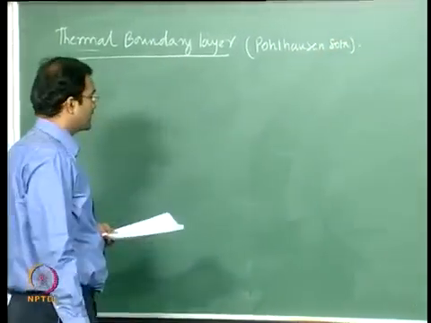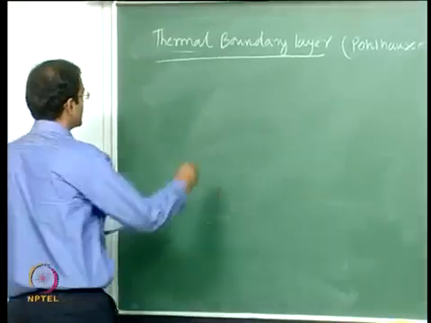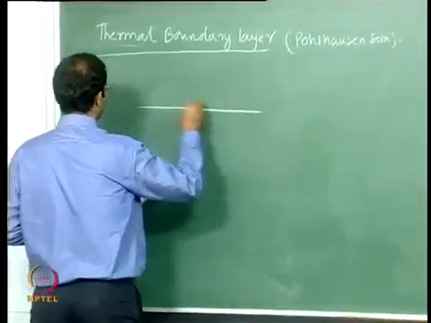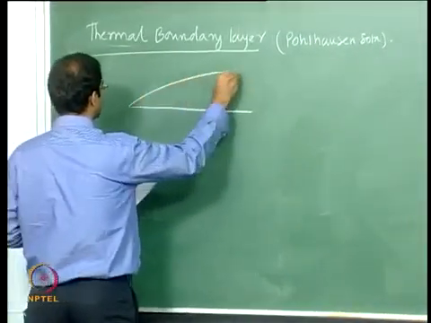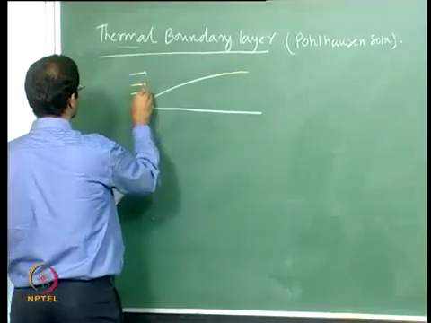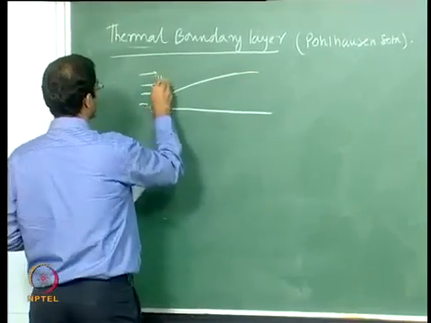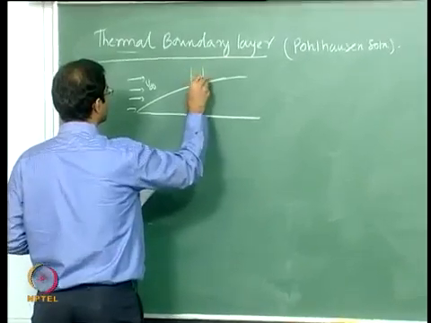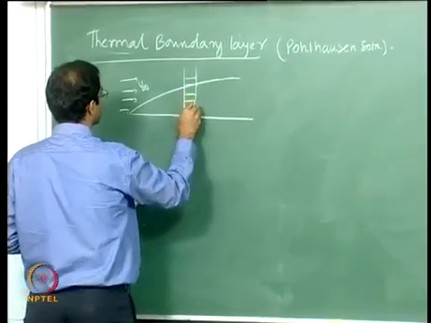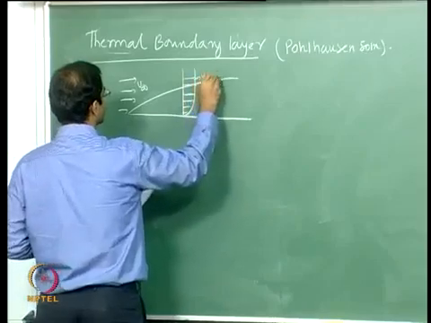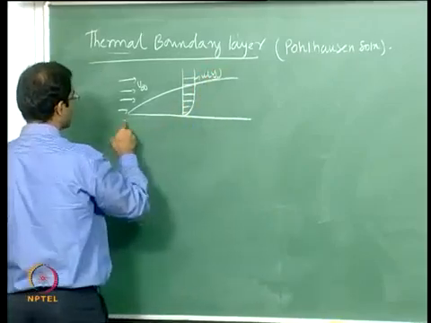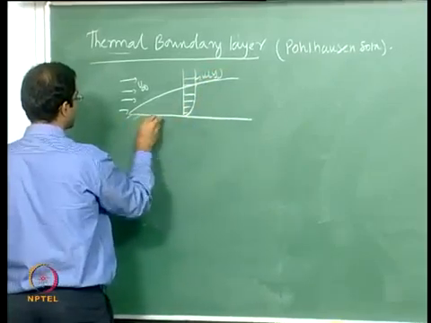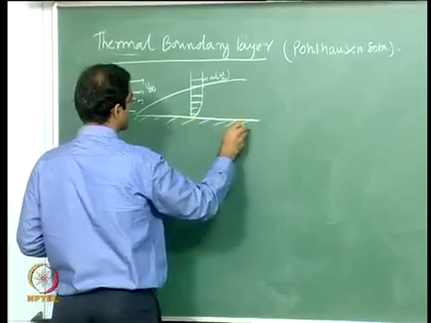So in the case of heat transfer, you very well know that earlier we had considered only the fluid flow, and this was the velocity profile. Now you are maintaining this surface at a constant temperature.